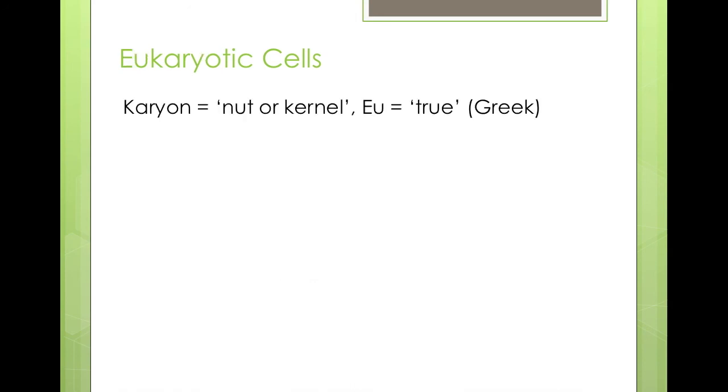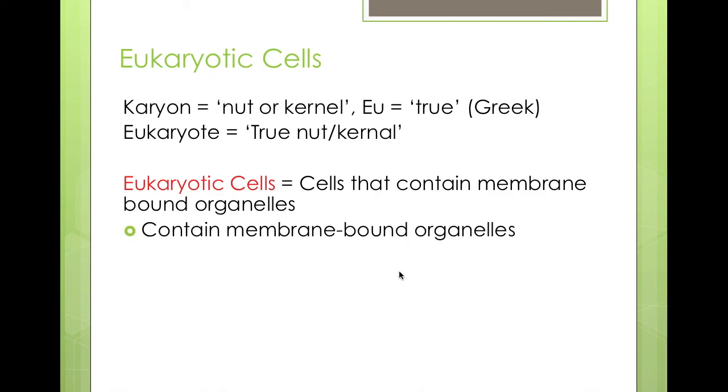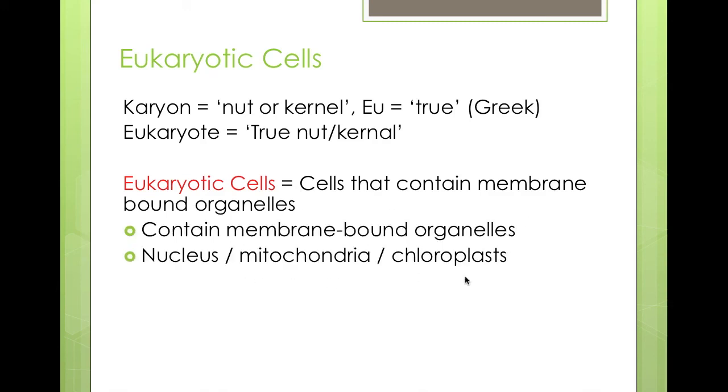The second category is the eukaryotic cells. The word eu means true, and karyon means nut or kernel. So true nut or kernel, referring to cells that have membrane-bound organelles such as a nucleus, mitochondria, and chloroplast, and they've got complex cell structure.